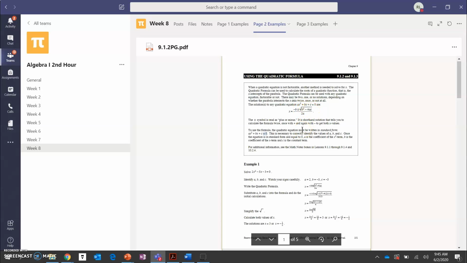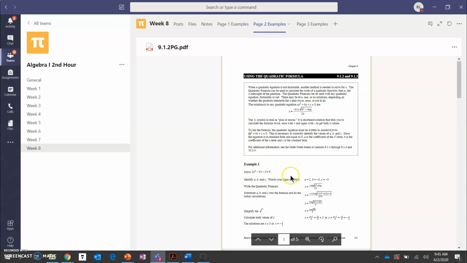Some things to remember about the quadratic formula: you might be confused about what a, b, and c are. Well, as long as your equation goes x squared, x, constant, then your a term is just the number before the x squared.